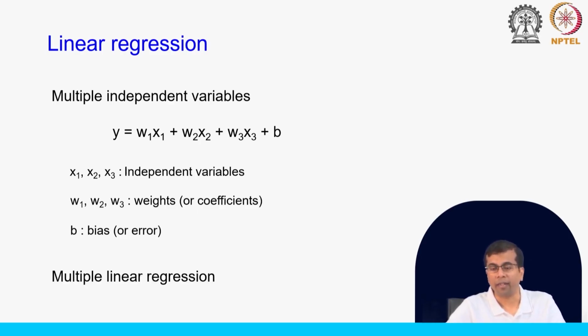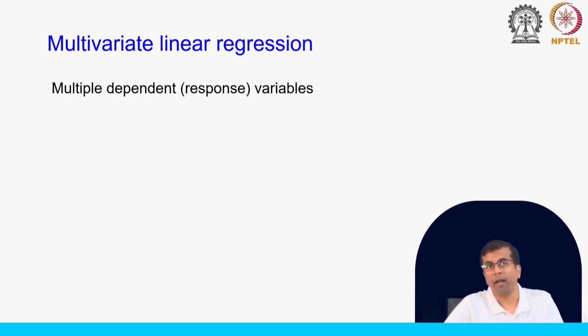We also have another variant, which I mentioned, where you have multiple dependent or response variables. When we go into the hands on, we will take examples and see what kind of variables those could be, for multiple independent variables or multiple dependent variables. When you have multiple dependent or response variables, this is called multivariate linear regression.